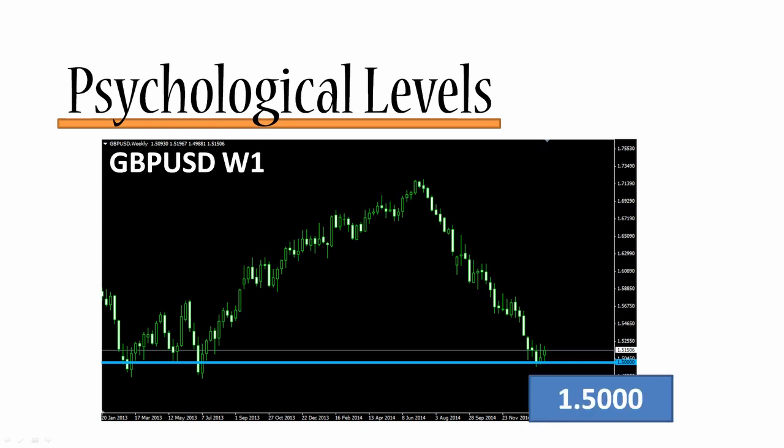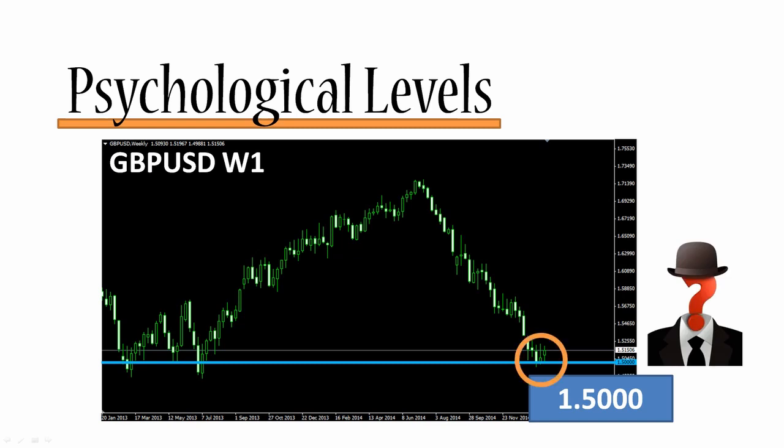It's 1.5000. And let's have a look here closer. As we discussed, traders don't know what's going to happen, and these round numbers play with their heads. They're anticipating some sort of reaction on the market, and generally the price goes into consolidation for a certain period of time.